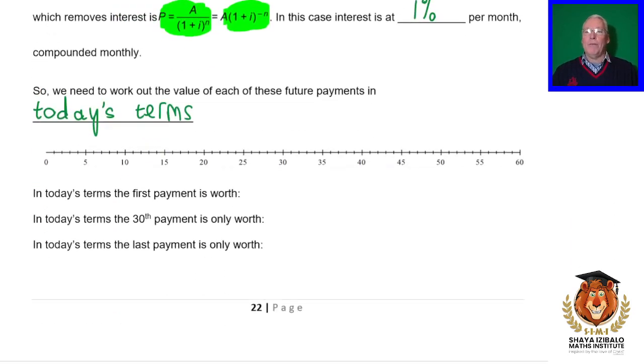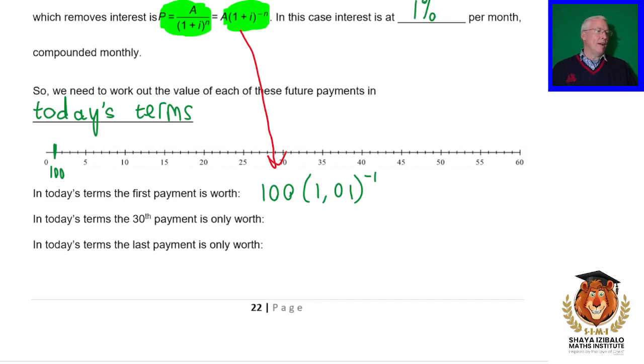Okay, the first payment that I'm going to make, this one over here, where I'm going to give you 100 Rand, that payment in today's terms, I'm using this formula here. Remember the I is 0.01, that's 1%, to the minus 1. I'm going to give you that 100 Rand in a month's time.